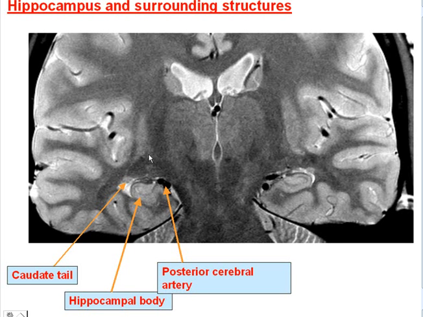In coronal study, there are other structures surrounding the hippocampus. One is the caudate tail. This is usually well seen in these proton density images, lateral to the hippocampal body. Immediately, you can see the big flow void structure. This is the posterior cerebral artery.